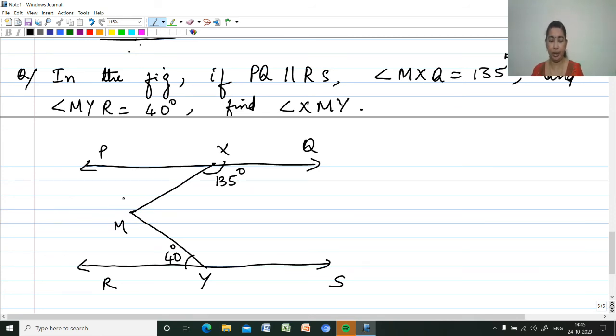So for that we have to draw one more line through M which is parallel to PQ and RS.